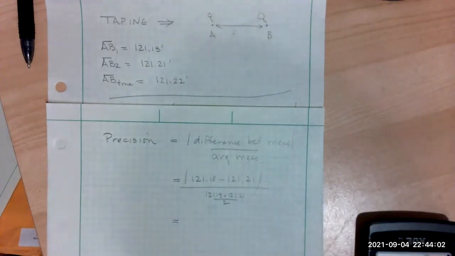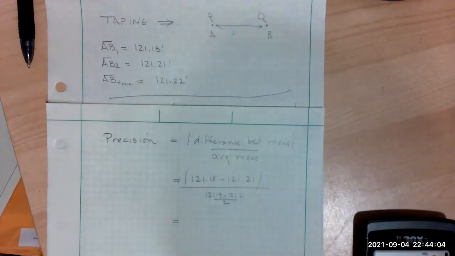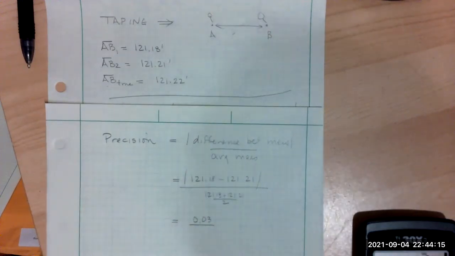And this turns out to be 121.18 minus 121.21. It comes out to be 0.03 over 121.18 plus 121.21 divided by 2, which comes out to be 121.195.